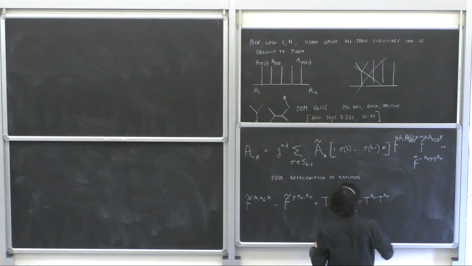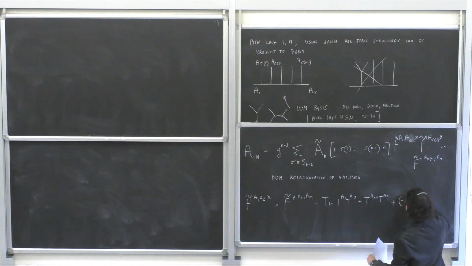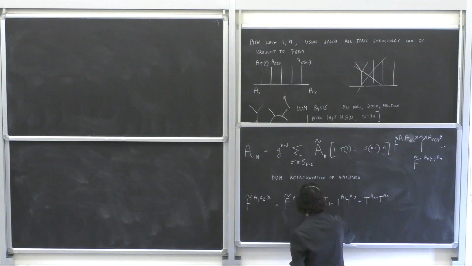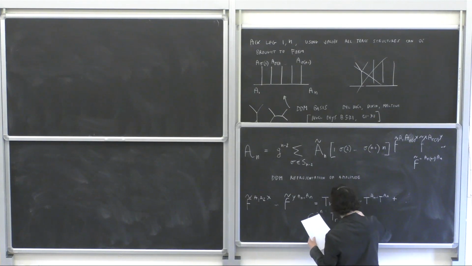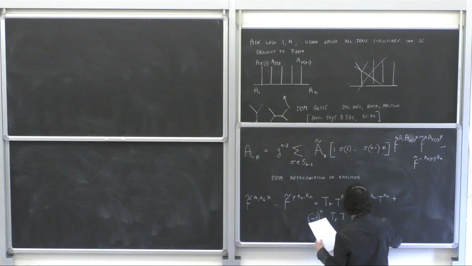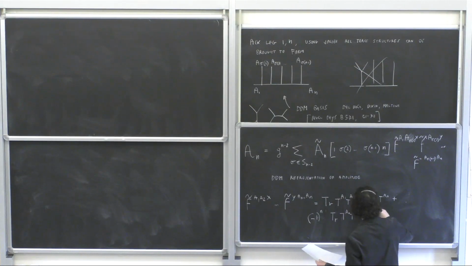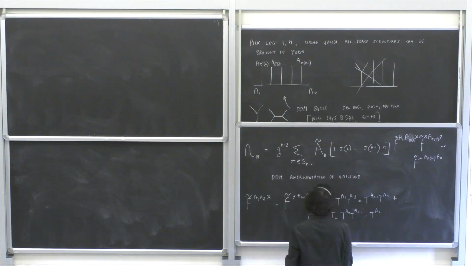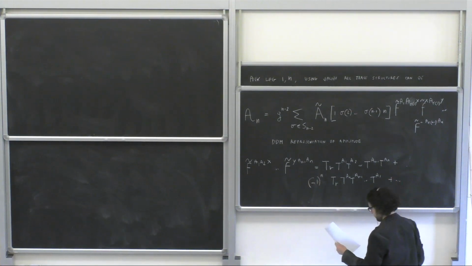You are going to get, of course, a term in which the ordering is reversed. So I should have another line here. You would have ordering of T^{a_n}, T^{a_{n-1}}, all the way to T^{a_1}. This is necessary by the reflection property also, and then many other terms.